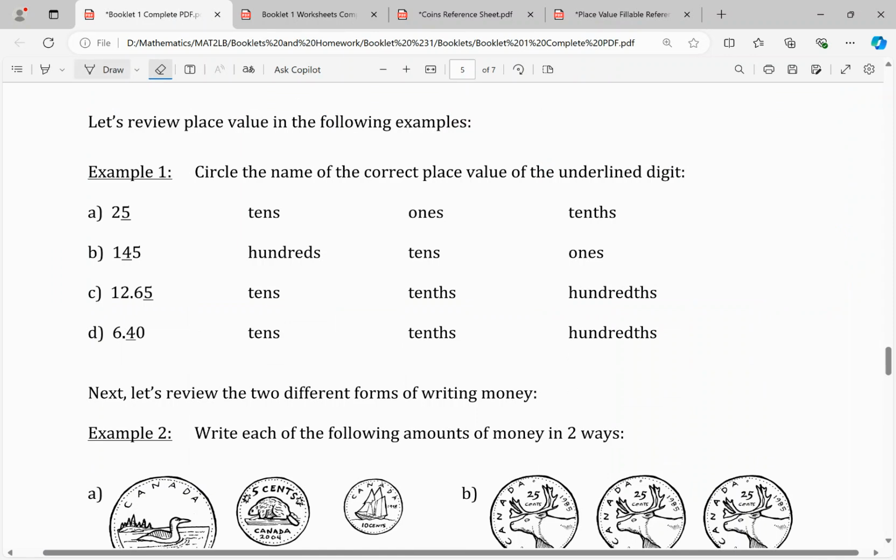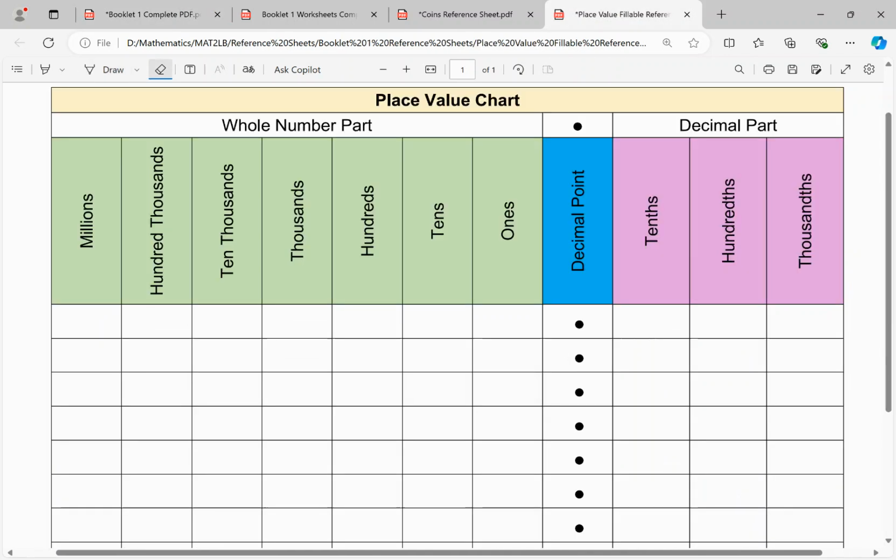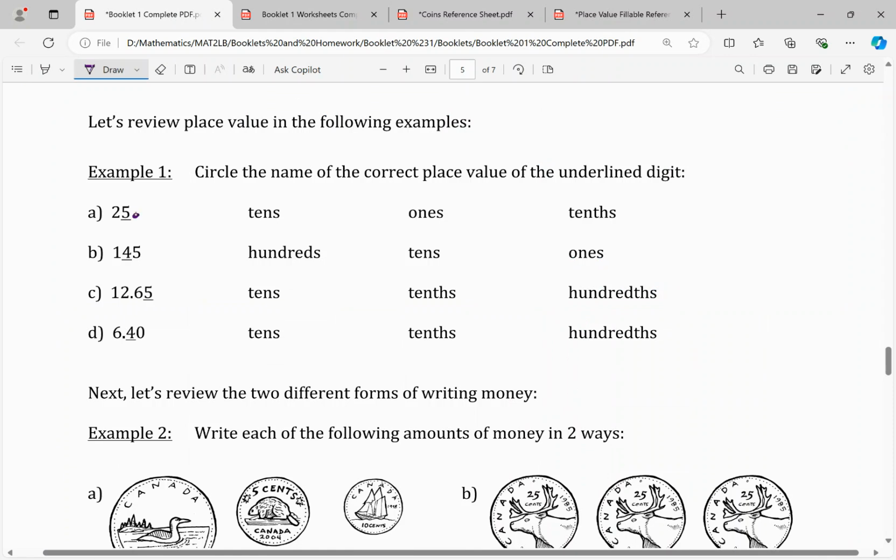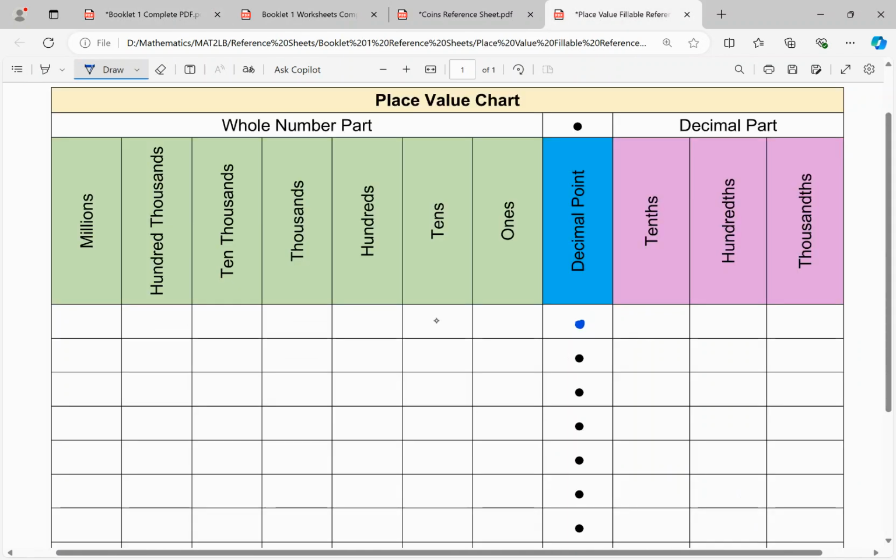Now, please note that the number 25 does not have a decimal, right? So whenever we use the chart, I always tell you, make sure that the decimal lines up. If your number doesn't have a decimal, that's okay. Just imagine that it comes at the very end. In which case, it's a little bit more clear that 25 should be just to the left of the decimal like that.